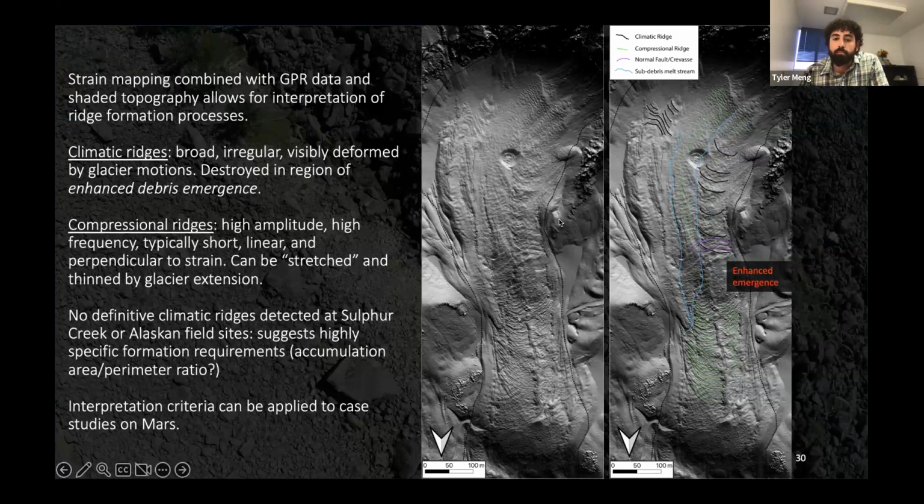And those I only really have confidence in because we have GPR data in them. So those are a little bit harder to infer just from imagery data. So it really takes this holistic understanding of the setting and the topography of the whole glacier system.